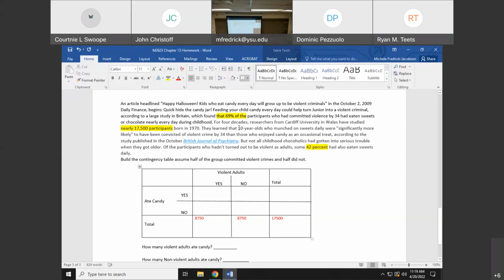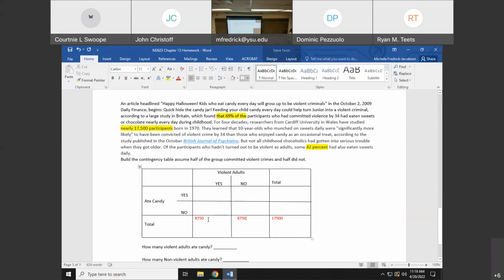I think that would be a true positive, huh? Because of the participants who had committed violent crimes, given they committed a violent crime, they ate chocolate. So 69% of the violent ones.